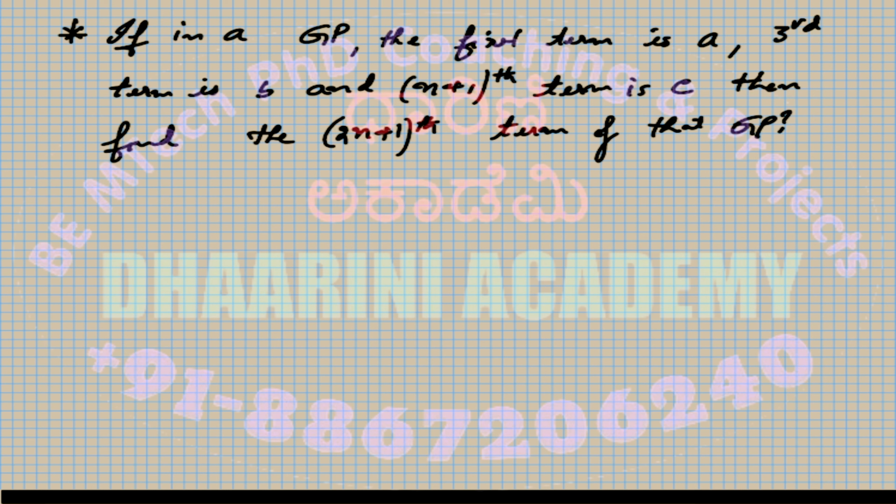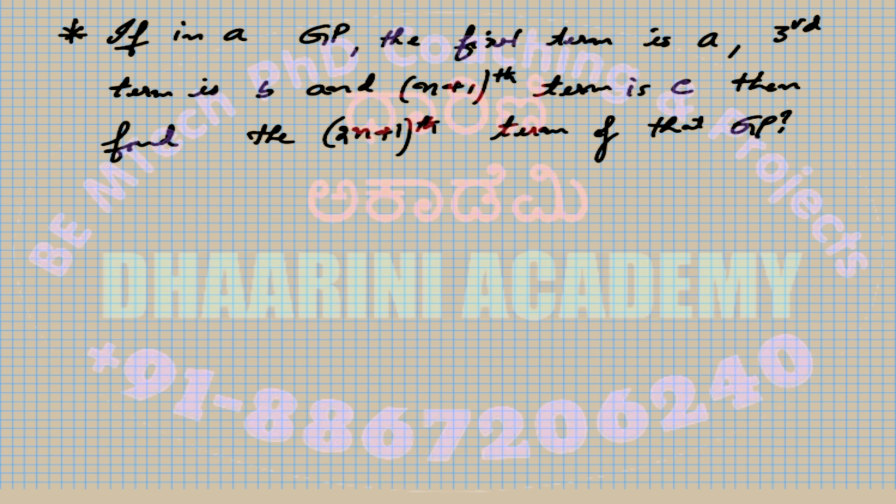So first, third and n plus 1th terms have been given, and we are supposed to find the 2n plus 1th term of the same GP.